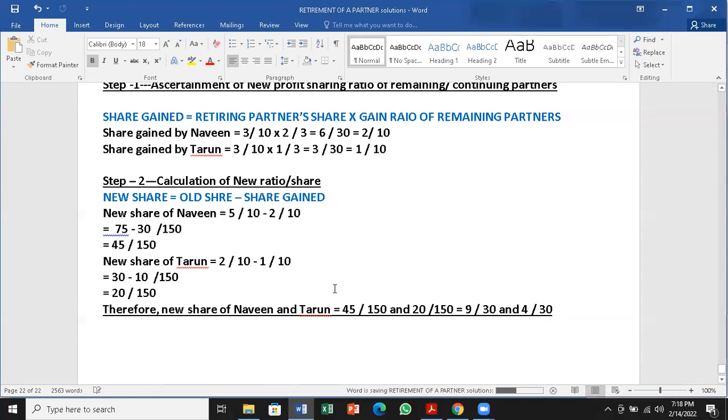The denominator will change now, 100. 10 into 5, 50, plus 20, 30 by 100. So here 10 into 2, 20.